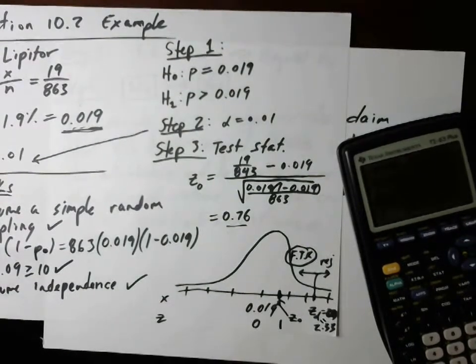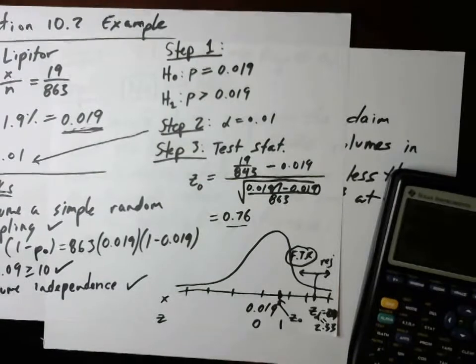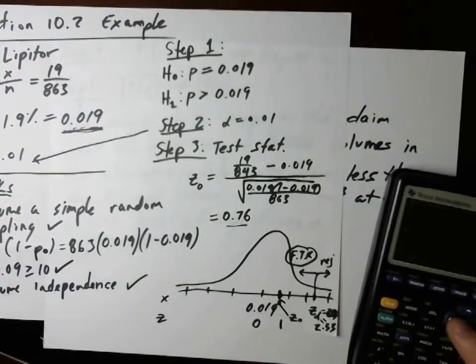What is going on? The right tail doesn't make a difference. 19 over 863. Why is this value so far off?